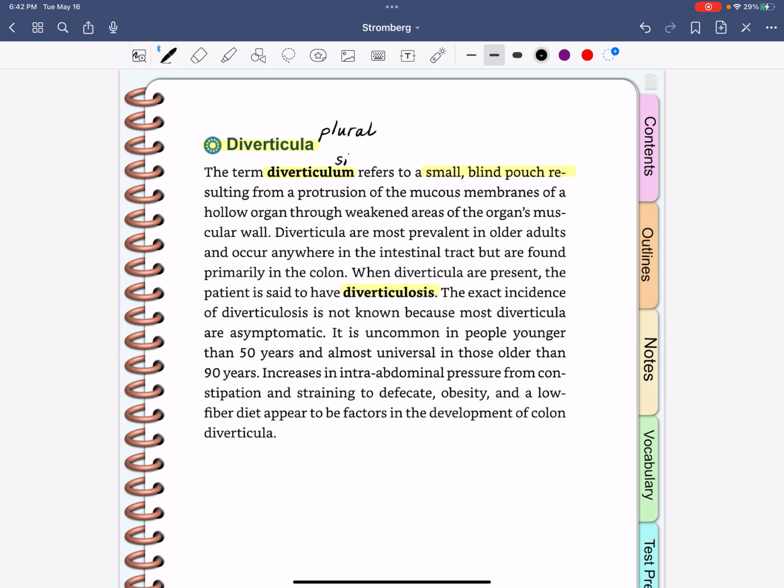This is one. Diverticula are more than one. Now, I can't promise you that that's true. Your instructors would know immediately. But I'm just guessing that that's the case. I could be wrong. But this sentence right here says when diverticula are present, those little blind pouches, the patient has diverticulosis. So the word diverticulosis simply means that those pouches are present.